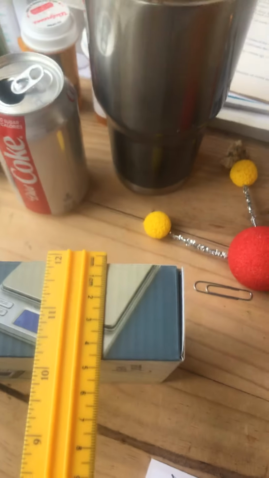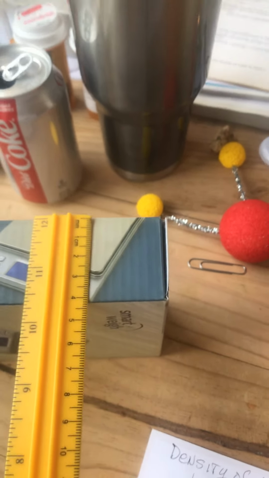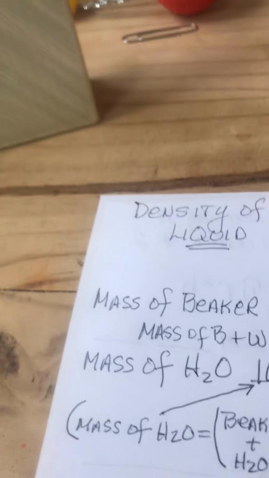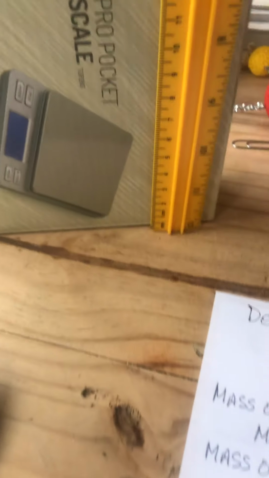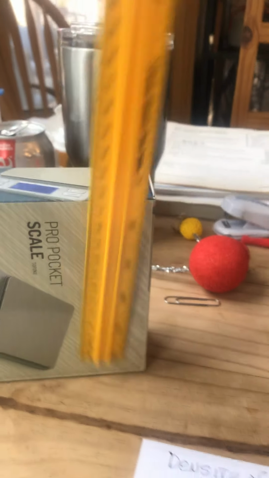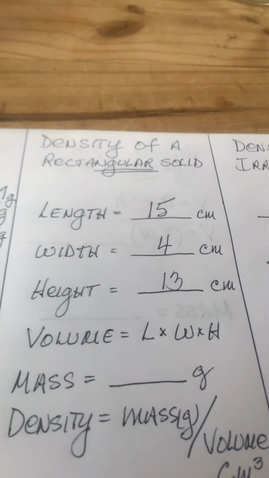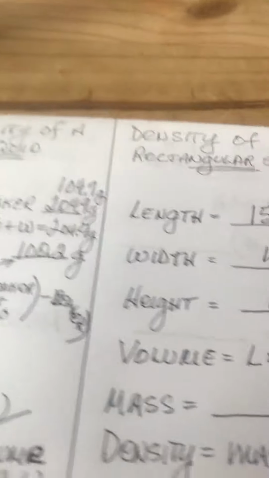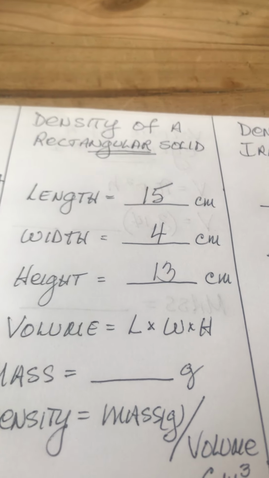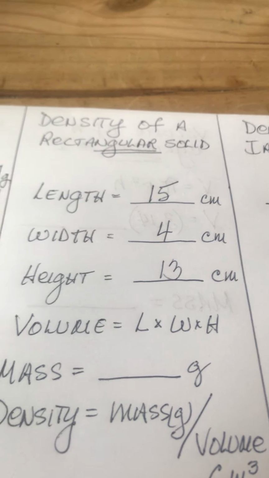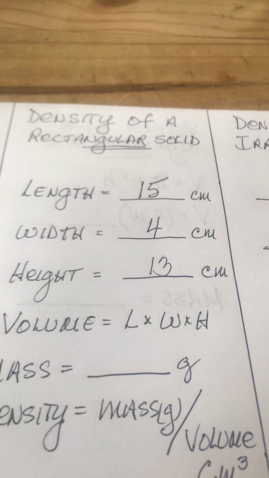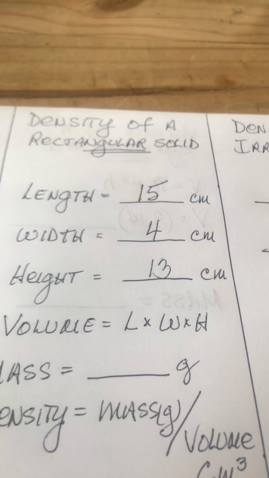Okay, so the length was 15 centimeters. The width is 4 centimeters, and the height is 13 centimeters. So we got 15, 4, 13. To get the volume, we have to multiply the length times the width times the height.